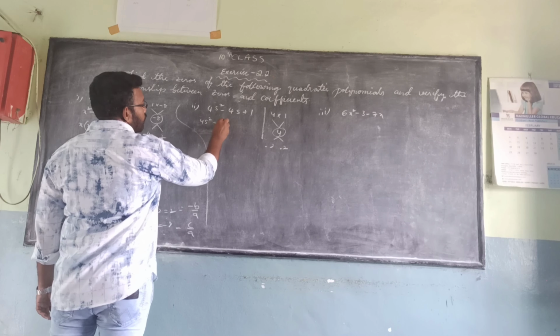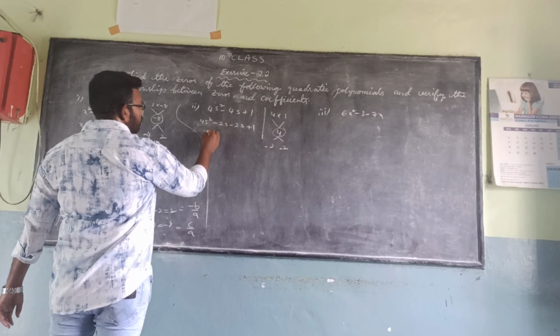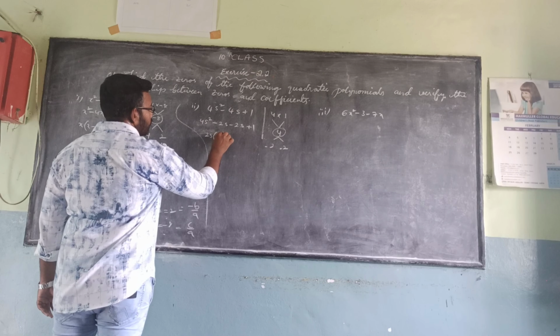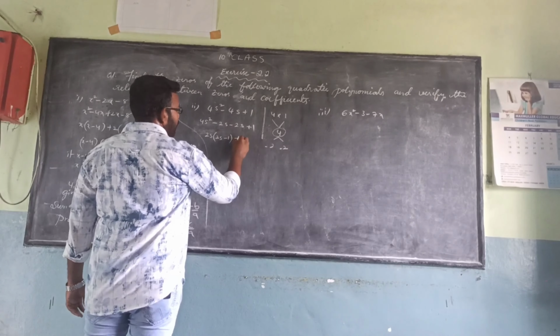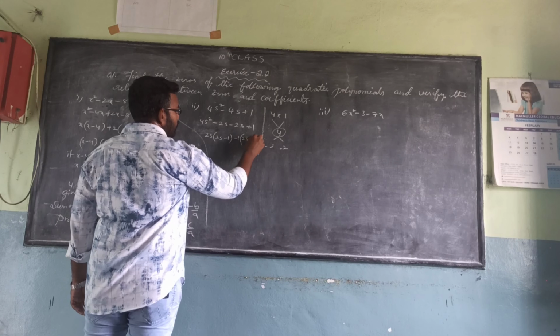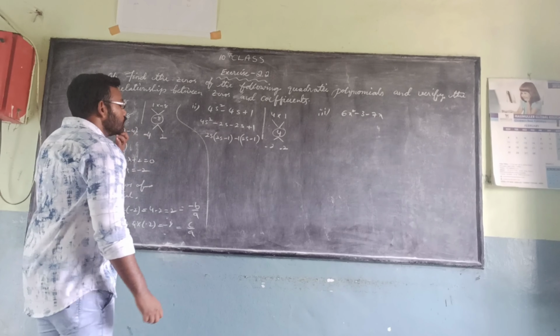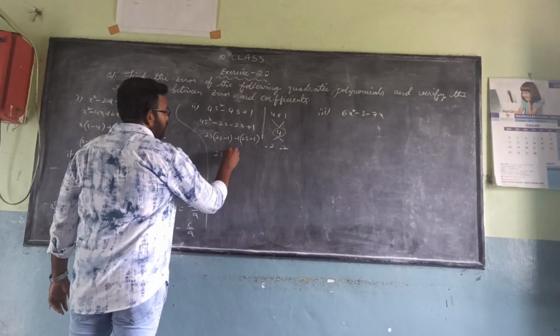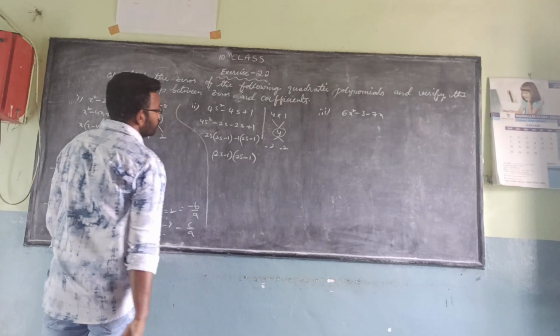So 4s squared minus 2s minus 2s plus 1. Here if you take 2s as common, 2s remains, and minus 1 remains. If you take minus 1 common, 2s minus 1 remains. So 2s minus 1 is the common term in both. If you take it common, 2s minus 1 remains.